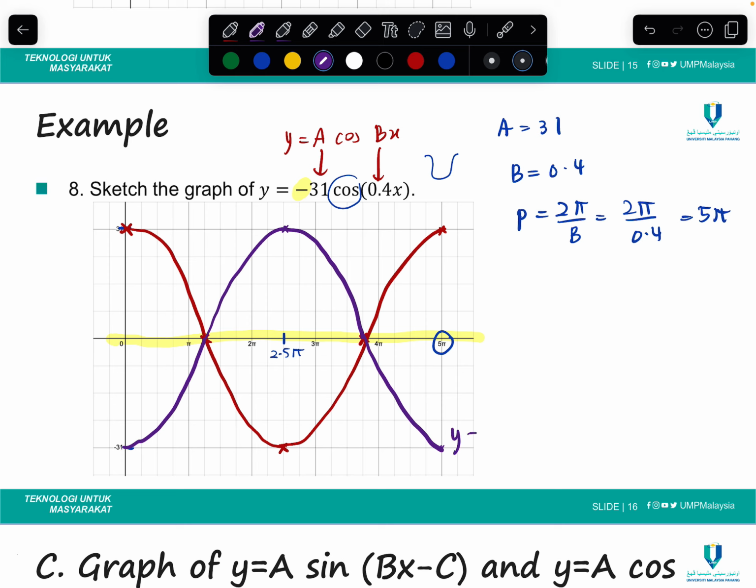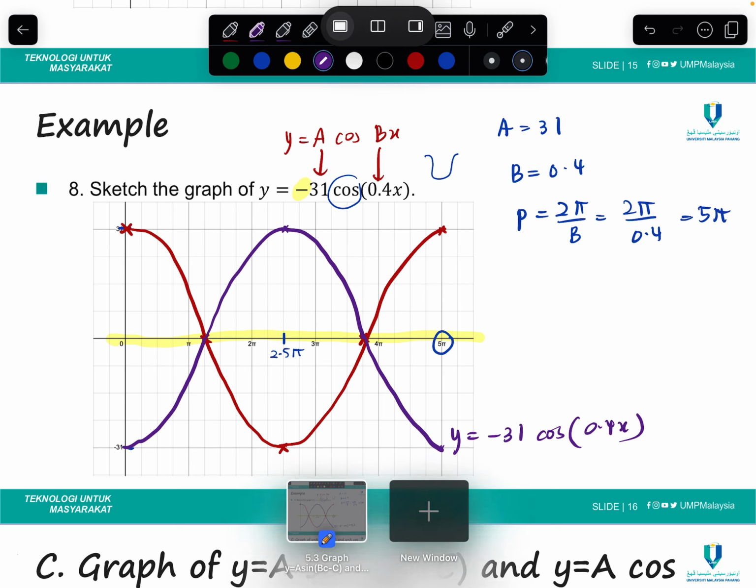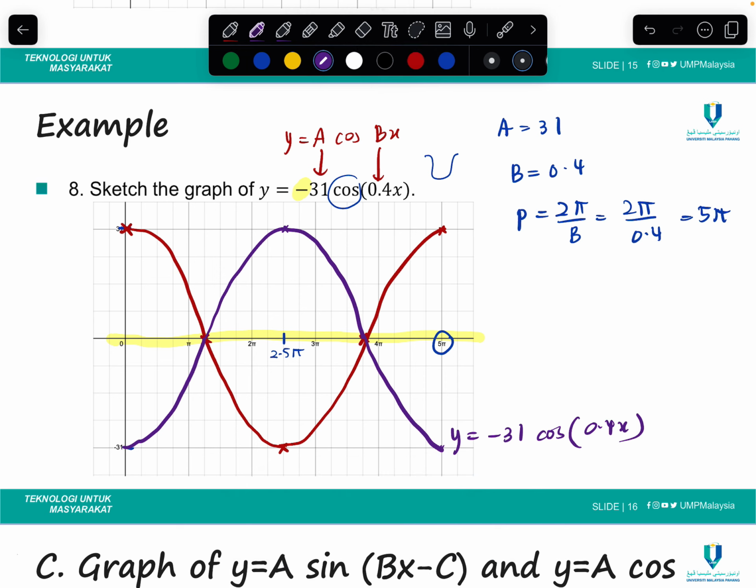So this is the final answer, negative 31 cos 0.4x. Again, the red line is just a temporary process before we obtain the final solution. Okay.